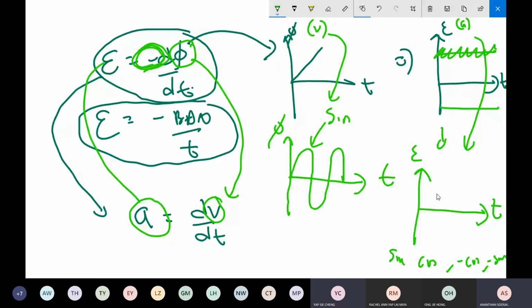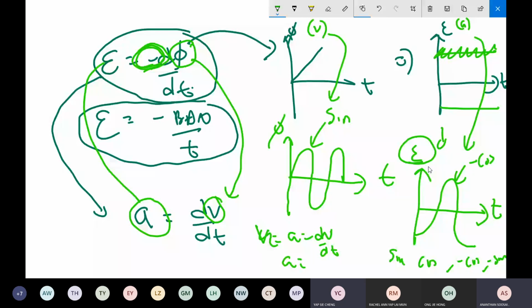Acceleration is dv/dt, right? So the velocity is sine, you need to differentiate. dv/dt is differentiation. So sine you differentiate, you get cos. But now you reflect it at the x-axis, it's going to be negative cos. Okay, the graph should be negative cos for EMF.